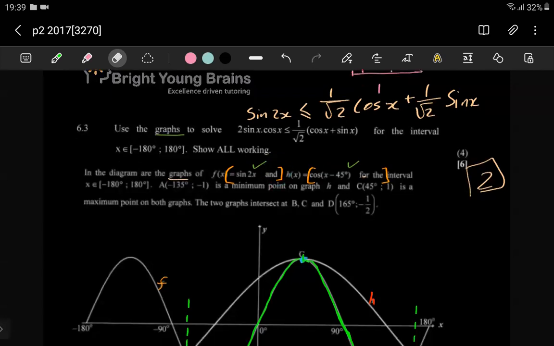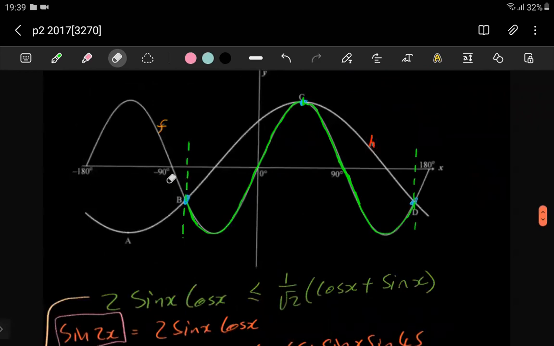So along the x-axis, which x values produce y values of f that are below the y values of h? That's a weird way of saying it. It just means if you're looking at your sketch from left to right, which portion do you see the y values of f being lower than the y values of h?